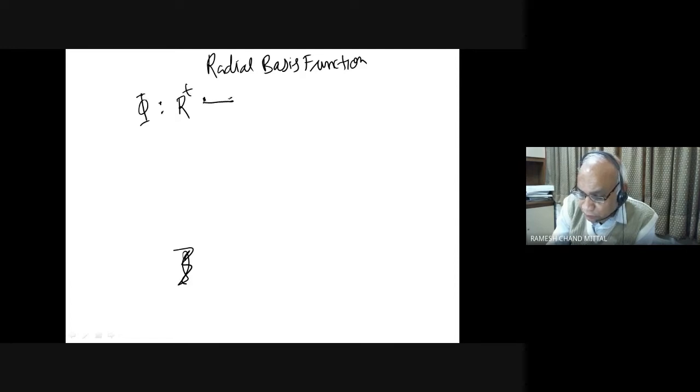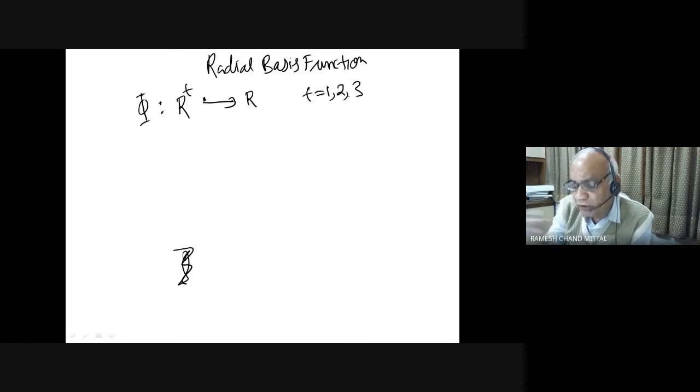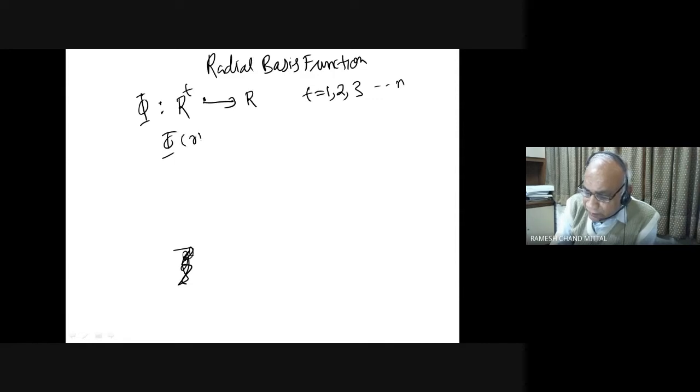Here t could be 1 or 2 or 3, or in other domains it could be a higher dimension. For differential equations it could be 1, 2, 3, but in machine learning it could be of higher dimension. So from a higher dimension I'm going to a real value, and this is nothing but phi of r.